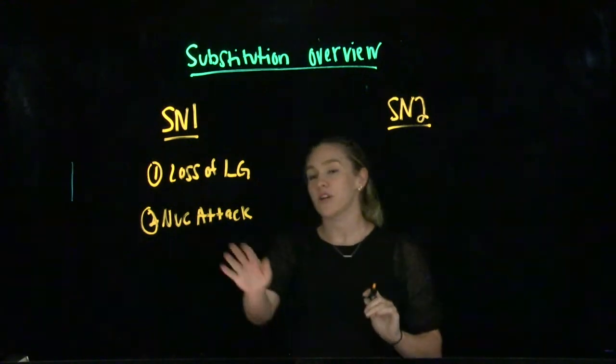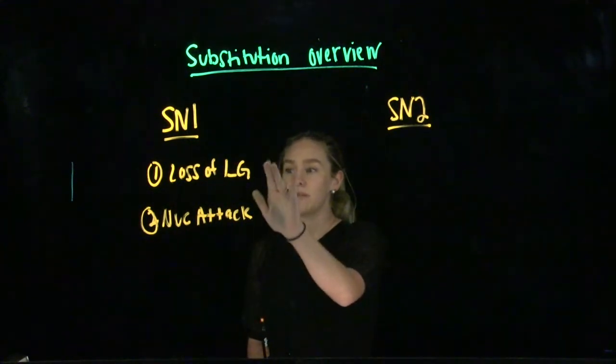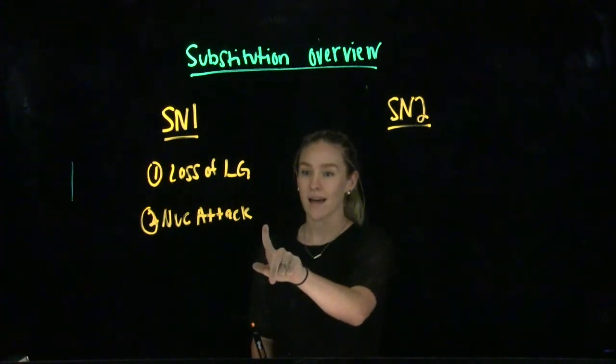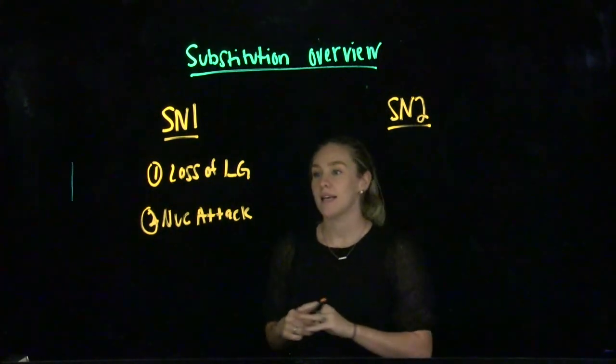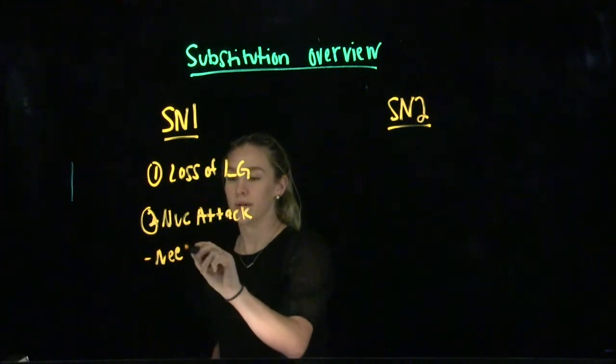This is not saying that there can't be steps before or between these, but you're always going to have the loss of the leaving group before the nucleophilic attack. And what this means is that you always need to check for a carbocation rearrangement.